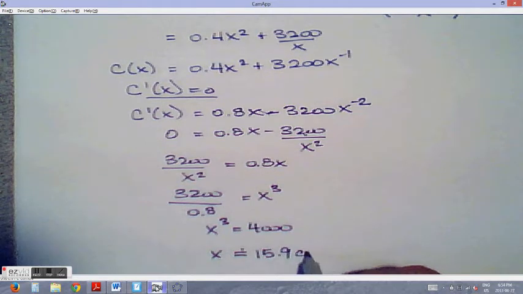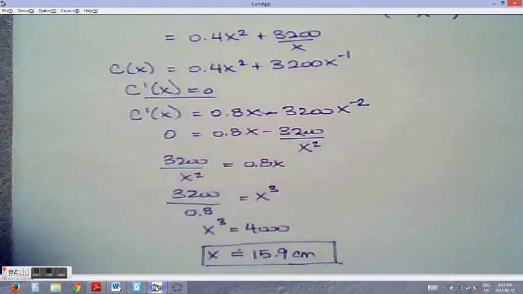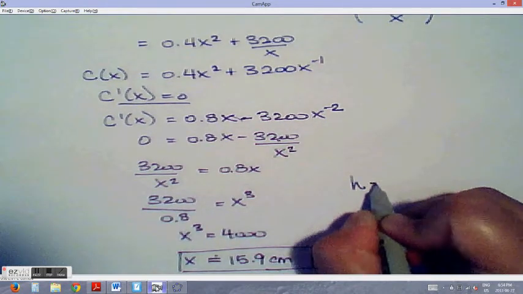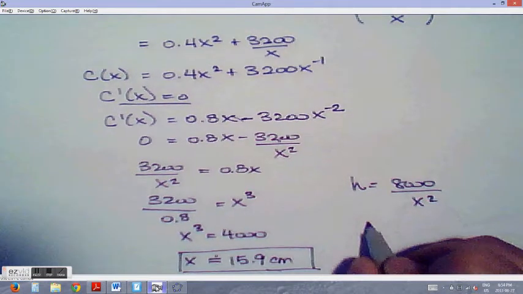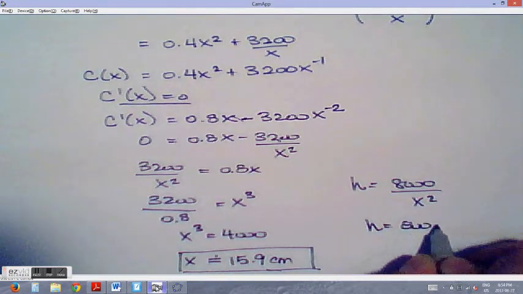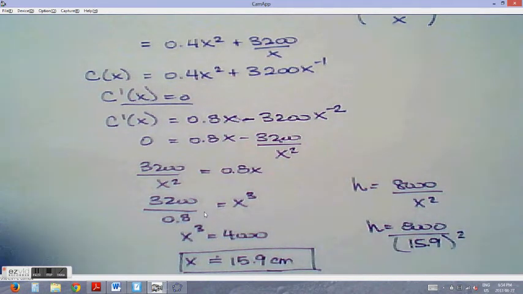So that's our x. Let's now put it back into our height. And we said the height was equal to 8,000 over x squared. So height would be equal to 8,000 over 15.9 squared.